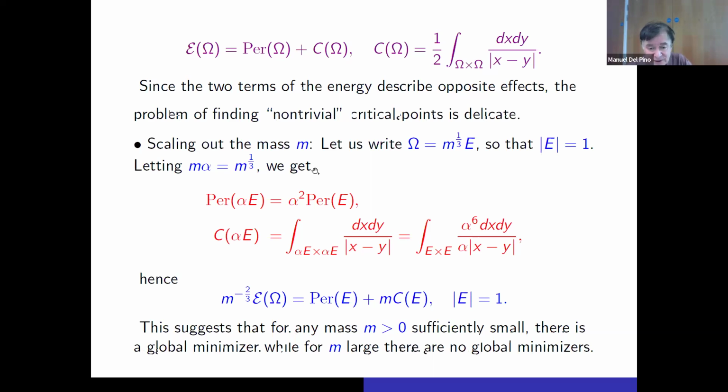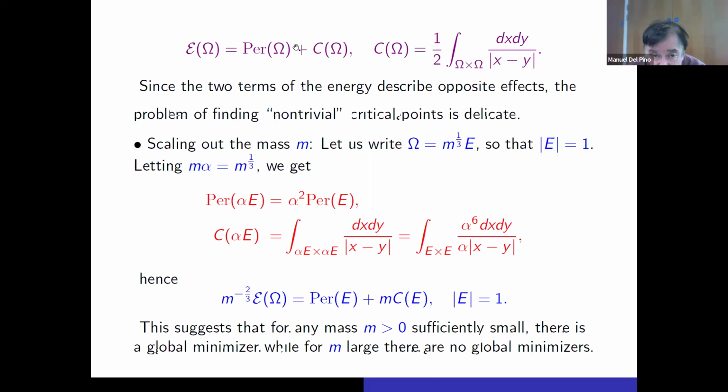Okay, I will try to justify for you an assertion that I made at the beginning. This is not a full justification, but at least provides some intuition on why for small mass m, it is plausible that there are minimizers of the full energy, while if the mass is big, this should no longer happen. The reason is very simple to state.